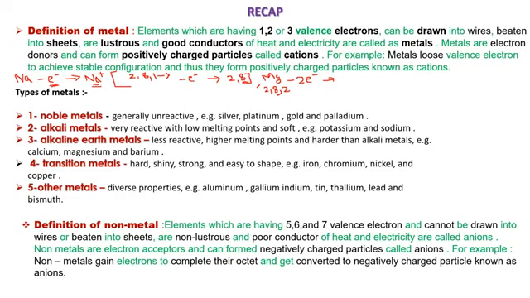Now this magnesium is going to lose 2 electrons so that it can attain an octet state, that is 2 and 8. Here 8 electrons are present in the outermost shell. These 8 electrons are known as valence electrons, and this state is known as octet state.